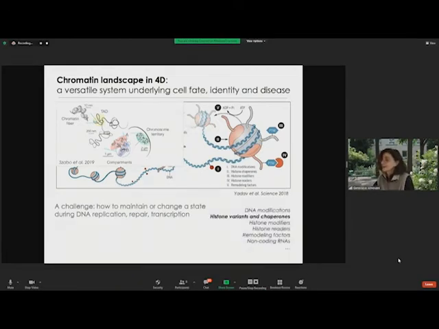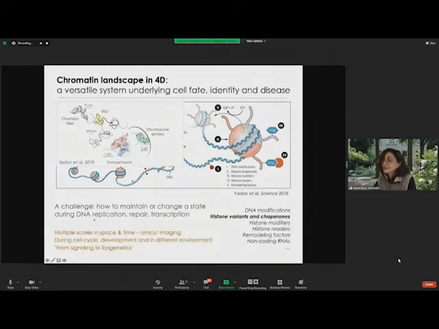As I mentioned, there are all these aspects: DNA modification, histone composition involving histone chaperones, histone modifiers, histone readers, remodeling factors, and non-coding RNA. Here we will focus on the histone variant and chaperone.